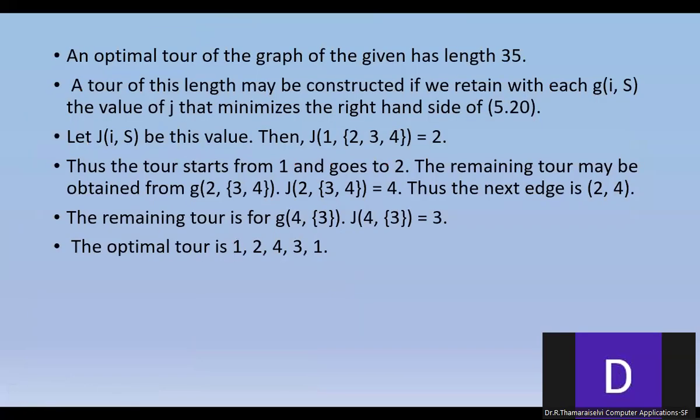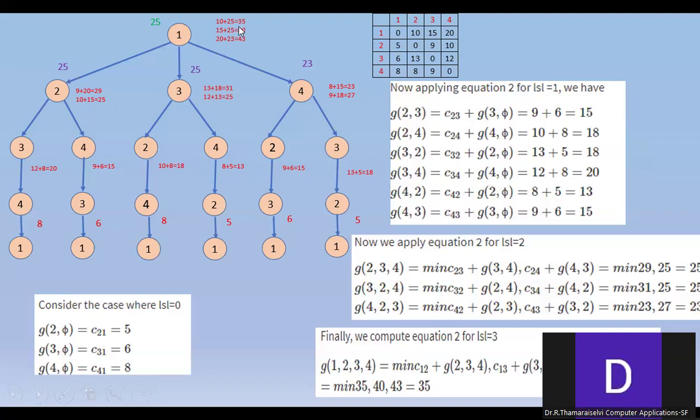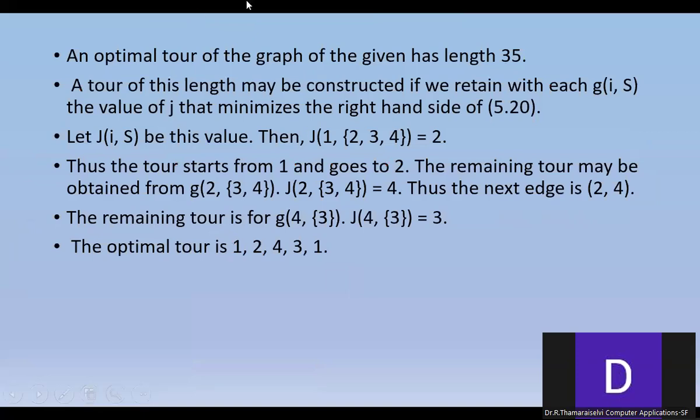So next, an optimal tour of the graph of the given length has length 35. How 35? Among 35, 40, 43, the minimum is 35. A tour of this length may be constructed. We retain with each G of I, S the value of J that minimizes the right hand side of equation 5.20.